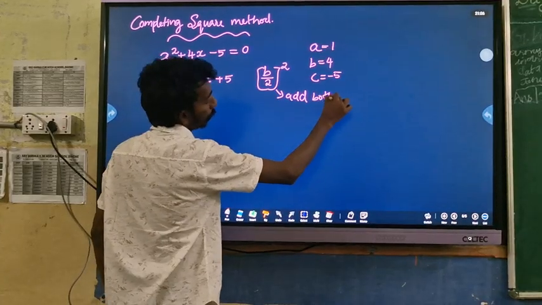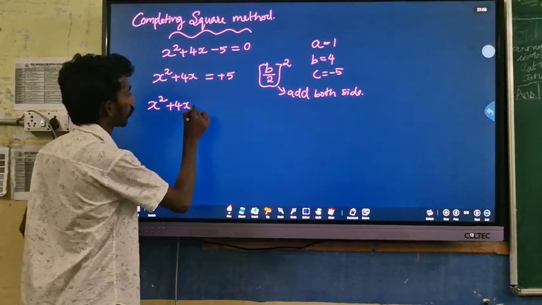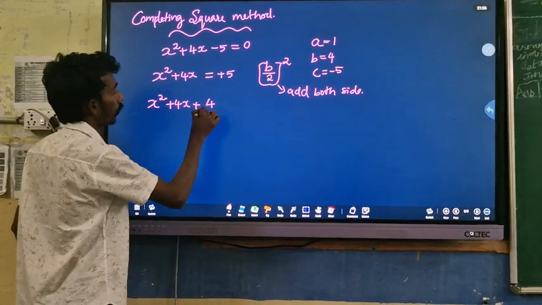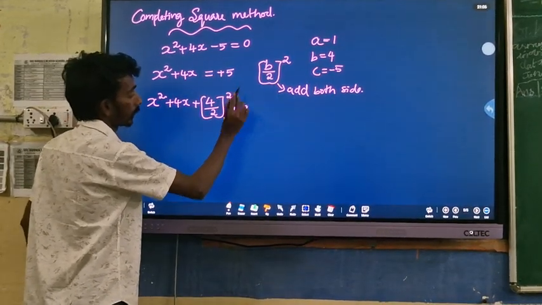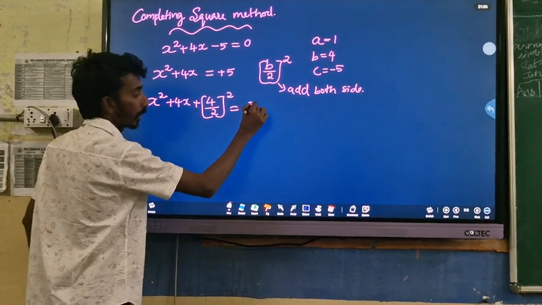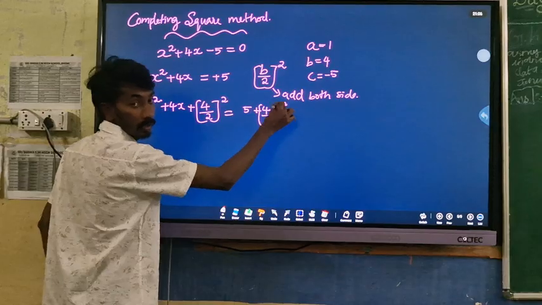Add both sides. So now x square plus 4x plus what is b? 4. (4 by 2) whole square is added to both sides, equal to 5 plus (4 by 2) whole square.